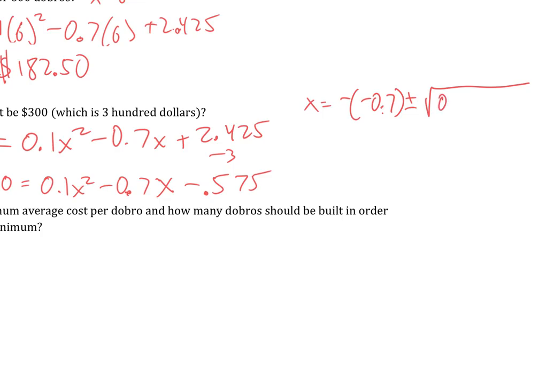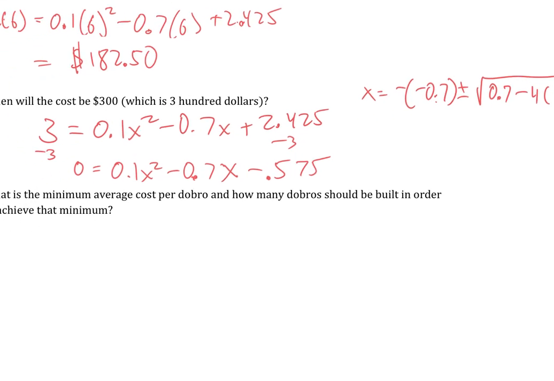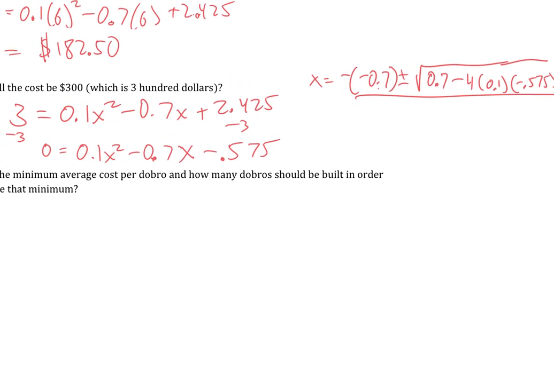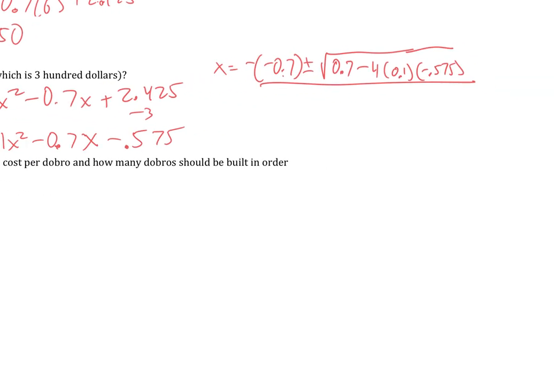Negative b, so that'll make this positive 0.7, minus 4 times a, which is 0.1, and c is negative 0.575, all over 2a, which is 2 times 0.1.